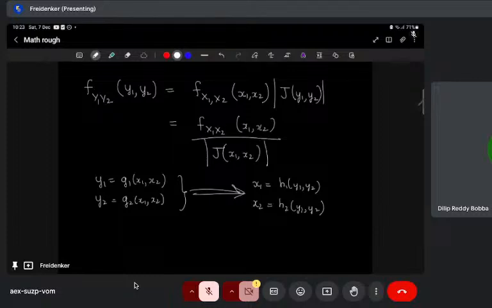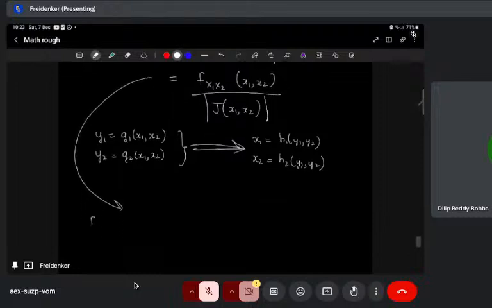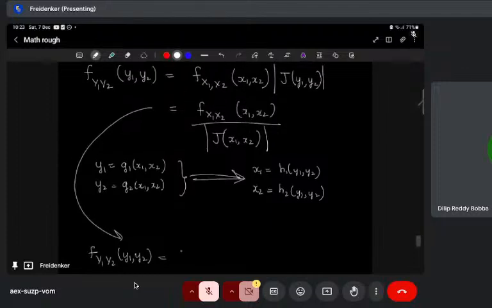So I can simply substitute this in the theorem. What do I get? I will get f of y1 y2, small y1 small y2. Now I'm replacing the small x. X1 is nothing but h1 of y1 y2, and x2 is nothing but h2 of y1 y2.